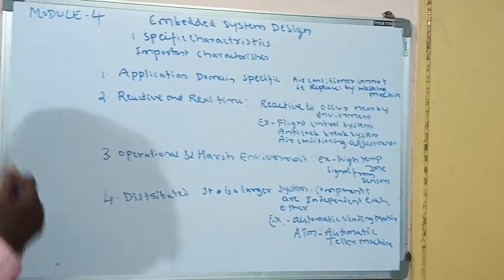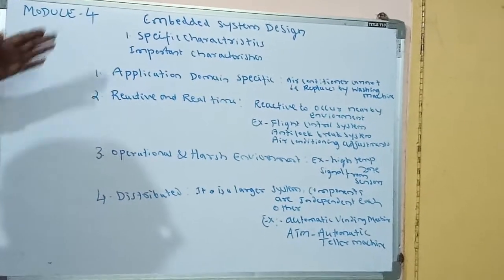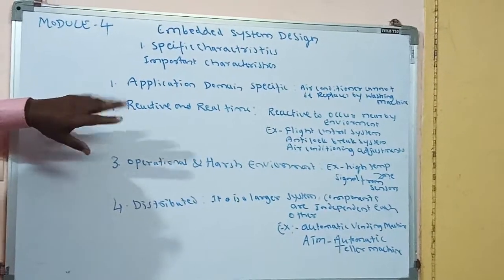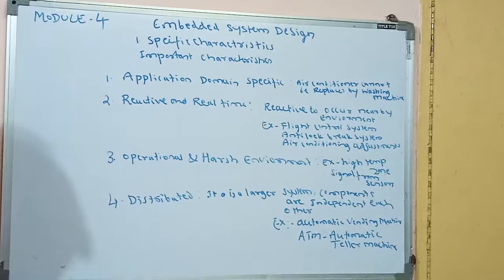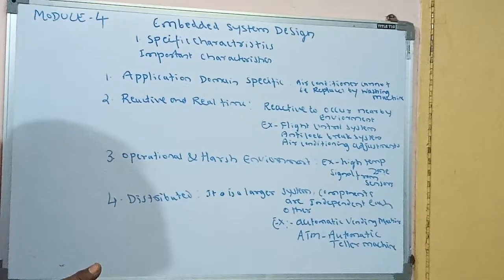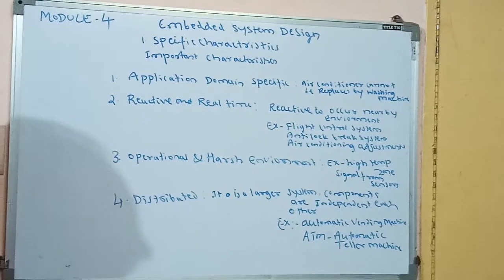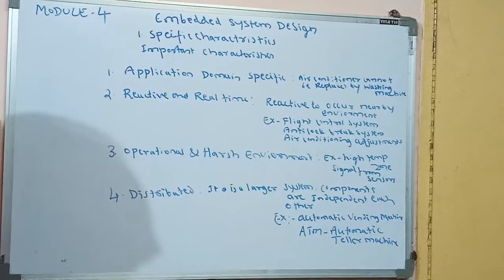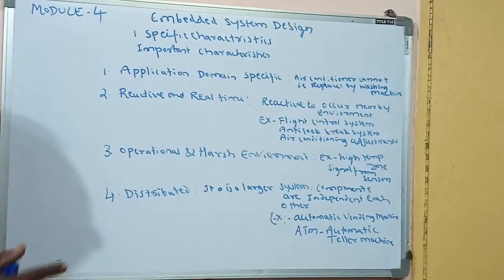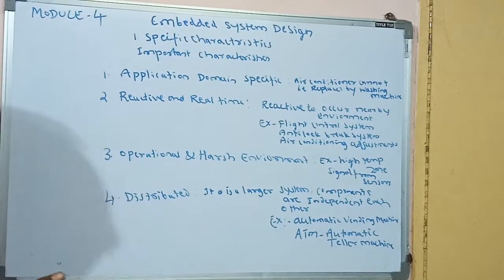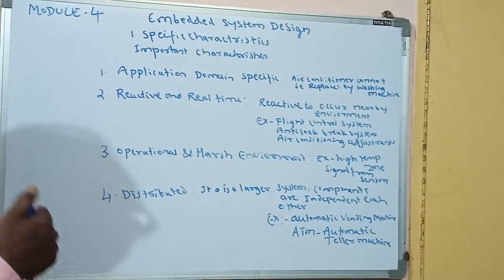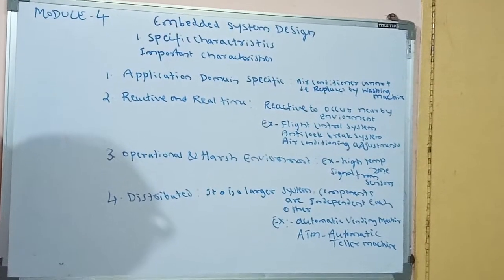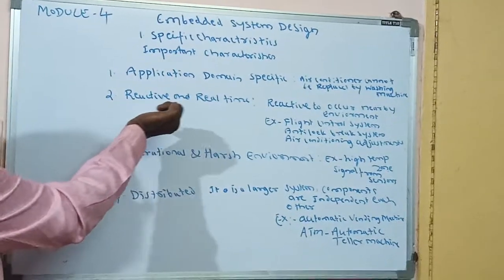So many products are available based on embedded systems, hence it is more reactive and real time. This is most important in vehicle speed control. If you apply the brake immediately, there is a chance of avoiding the accident. Otherwise, if delay happens, an accident will happen. That's why in vehicle movement control, a response with a more reactive system design is very essential.